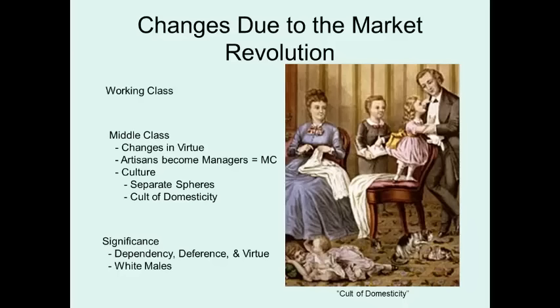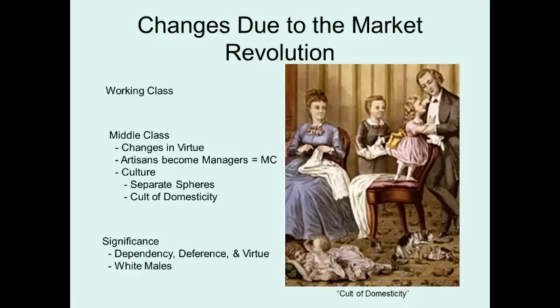Characteristically, this group is going to be paid very low wages. They make very little money. They also have very little protections. There's no government oversight of working conditions yet. So they're working in dangerous conditions. They can be killed on the job, and that's just too bad for them.